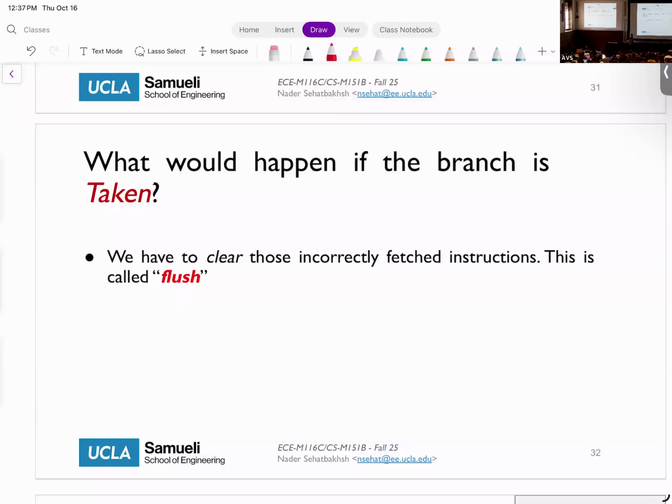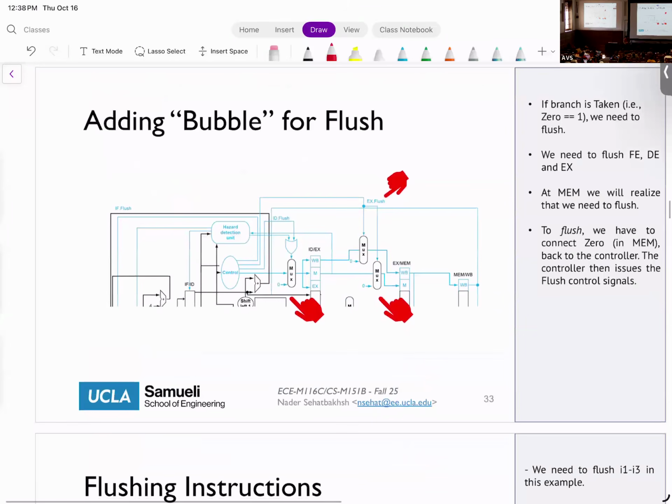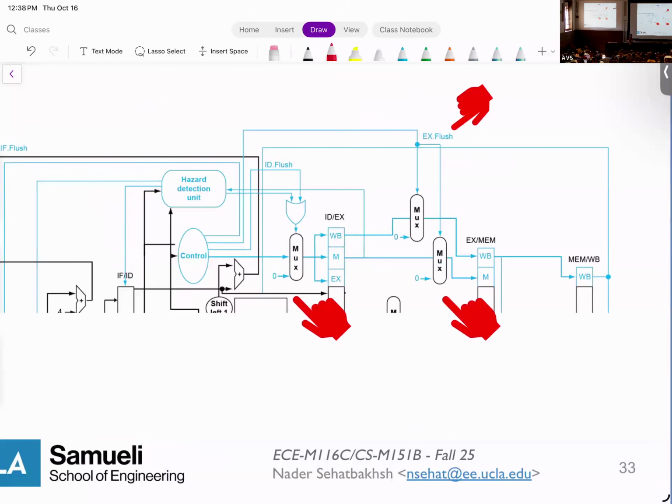In order to fix this issue, if you are making a wrong decision, we need a mechanism to flush the pipeline. Basically, we make a guess and bring in some instructions, and we realize that we made a wrong decision. We need to somehow flush those instructions out of the pipeline. How do we implement this flushing? The flushing is very similar to when we are inserting a bubble.